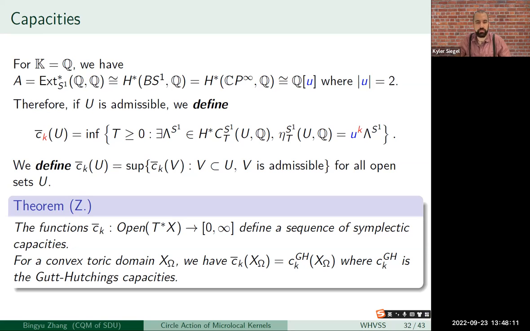And have you also computed the left-hand side within the Z/p equivariant version instead of the S1 equivariant version? Yeah, it's also the Gutt-Hutchings one. I see. So do the Z/p equivariant ones contain the same information as the S1 equivariant ones, or is there some sense in which? Well, I will explain in the last slide. Okay.